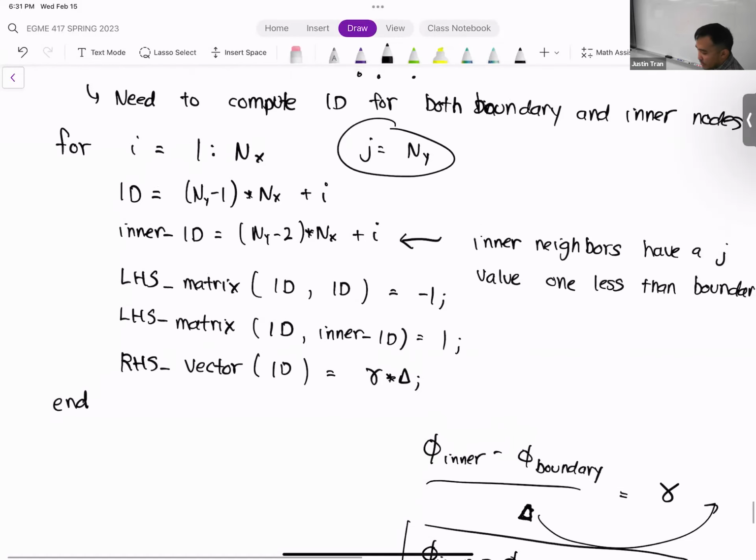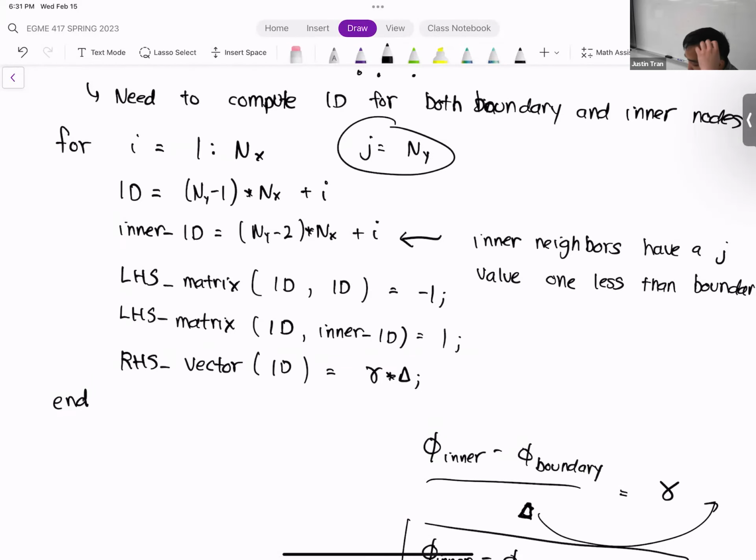And then we make the modifications to the right-hand side vector. The right-hand side vector at ID is going to be equal to gamma times delta.